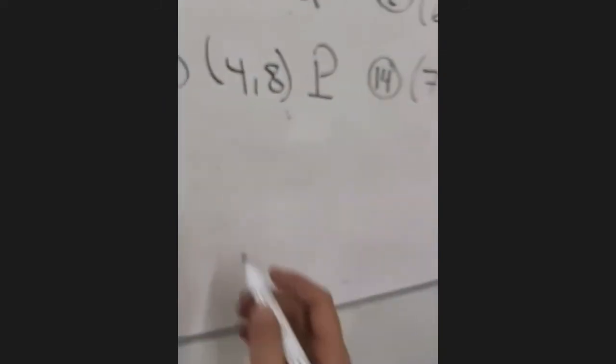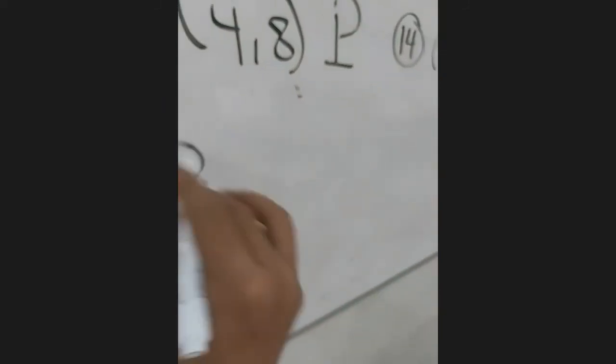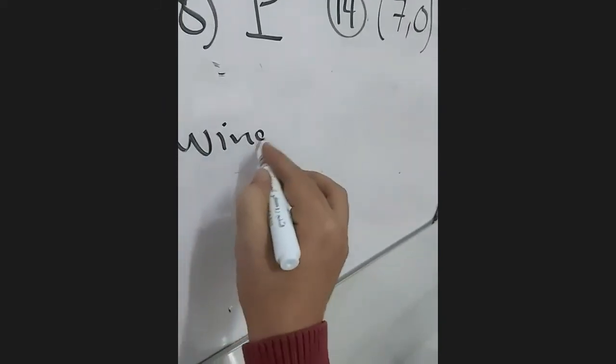Use the map of the playground at the right for exercises 15 to 20. What is located at 7, 3? What do we have at 7 and 3? Swings. In question 15, guys, we have swings.